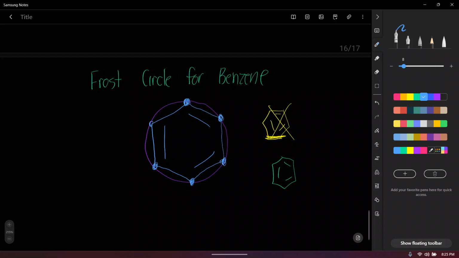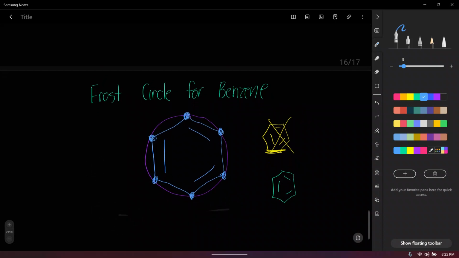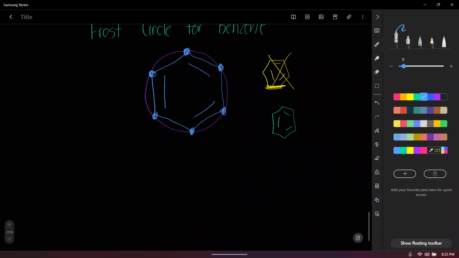And now, the final thing that the Frost circle enables you to think about is the points of intersection.